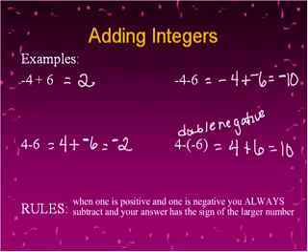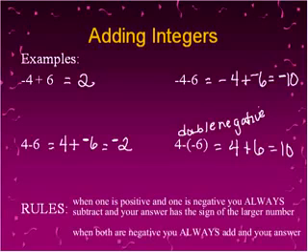And when both numbers are negative, you always add, and your answer is always negative. The only part that really gets tricky is this first rule, because the sign of your answer is dependent on the sign of the larger number. But when they're both negative, you're always adding, and it's always negative.